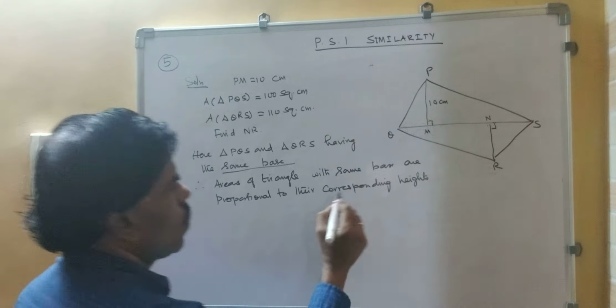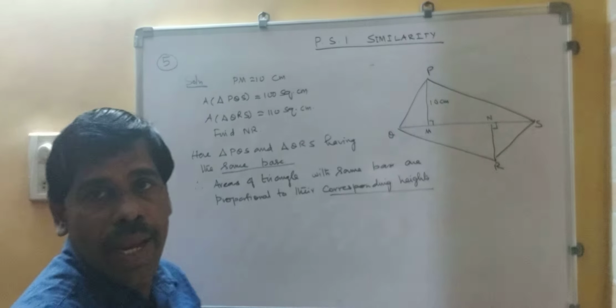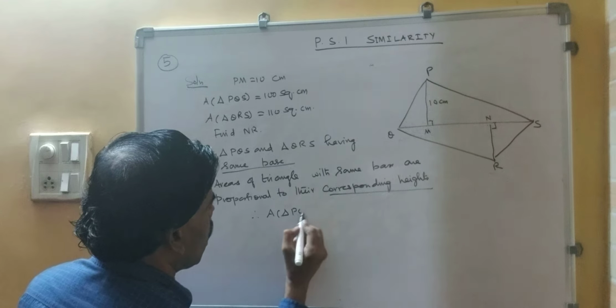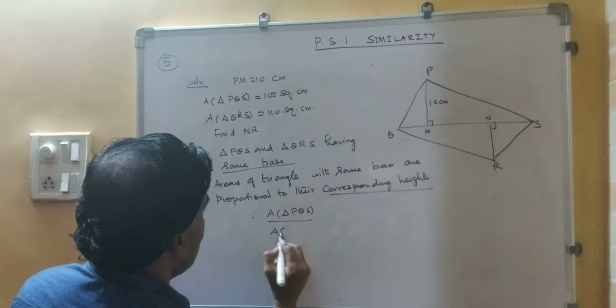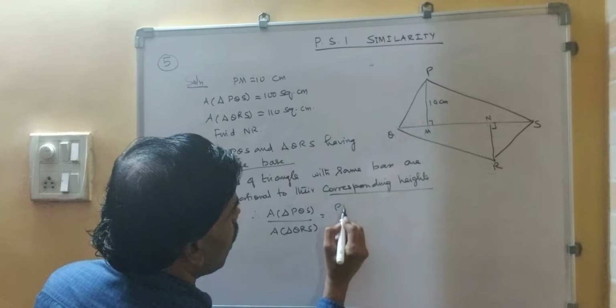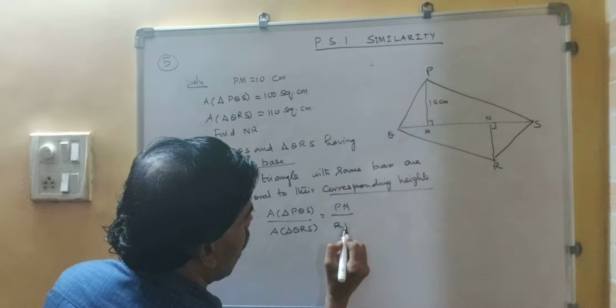Same base, so corresponding heights. So what we will write? Therefore, area of triangle PQS upon area of triangle QRS equal to PM upon RN.